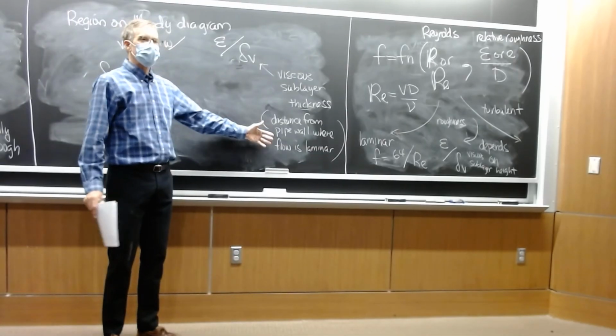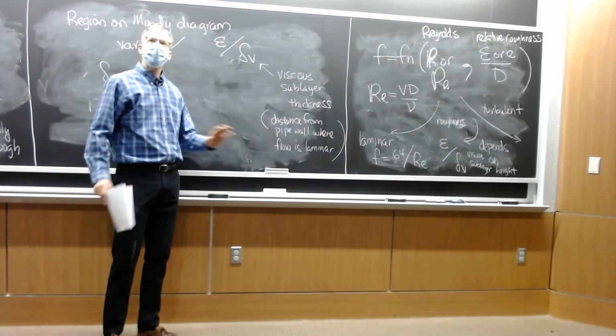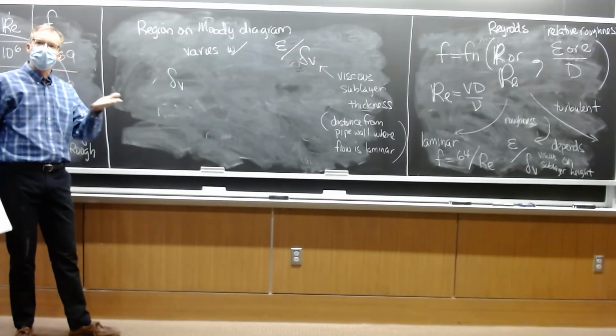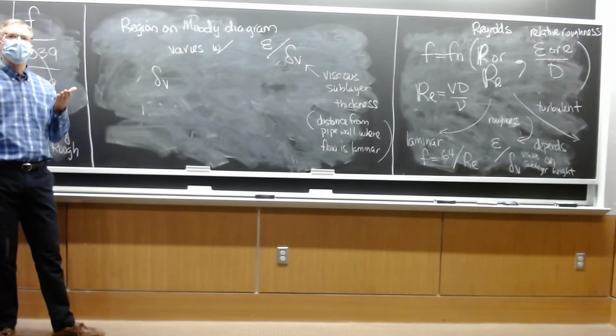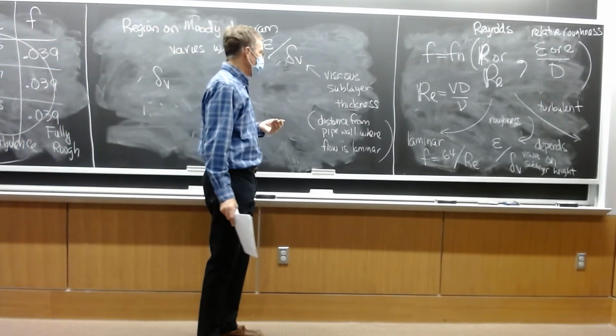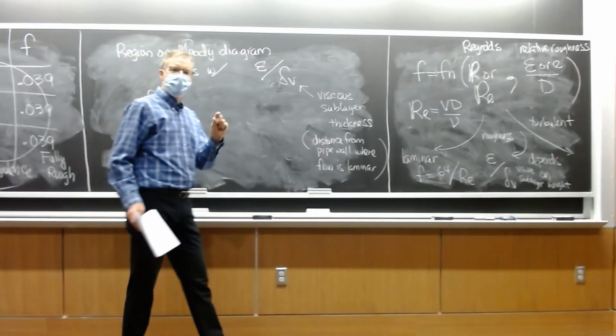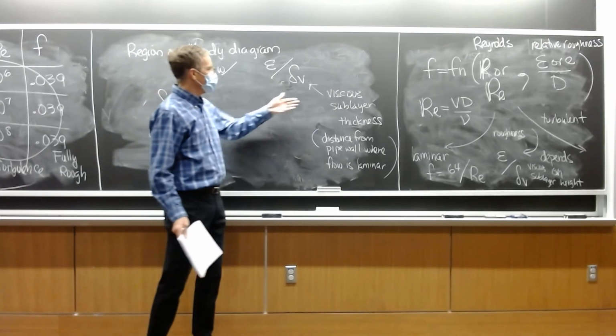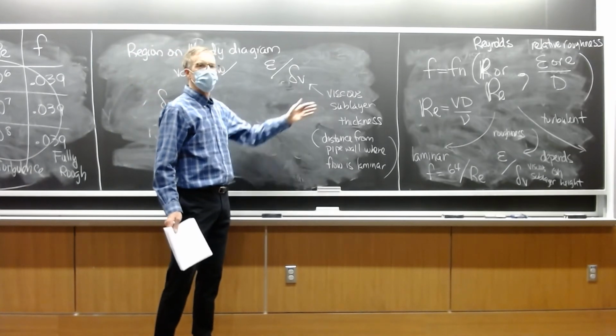The image you'd have is that right along the edge of the pipe, where the velocities are low and the wall of the pipe is near, there is going to be a region where the flow is laminar. That distance from the edge of the pipe we refer to as the thickness of the viscous sublayer.